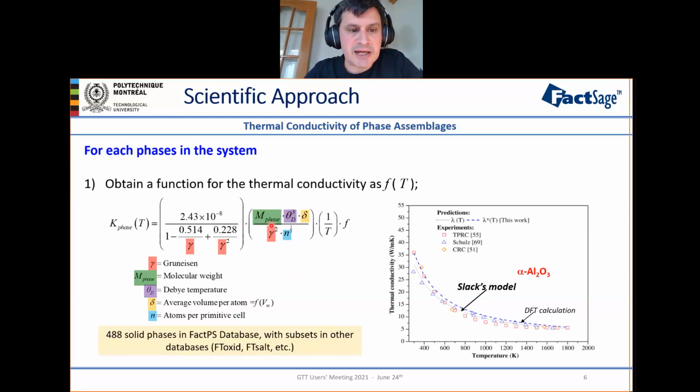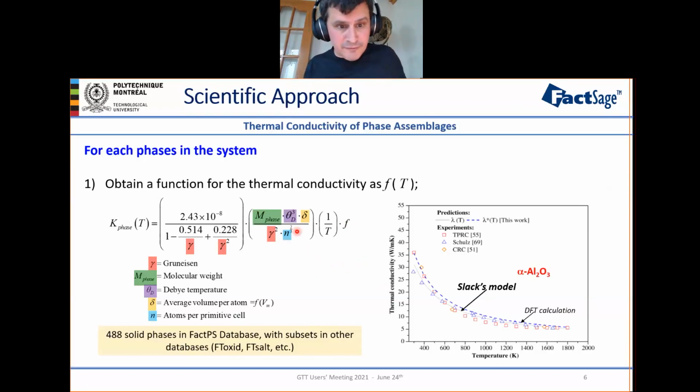Once we have this, with this theoretically derived function, we can compute the variation of the thermal conductivity of the phase, and it's an inverse function. Please note we have a correction term here, F, which equals 1 in all cases except for chlorides. For chlorides at very high temperature, we get a correction function, which is an exponential of the Debye temperature over T.